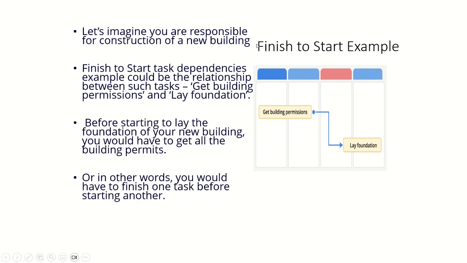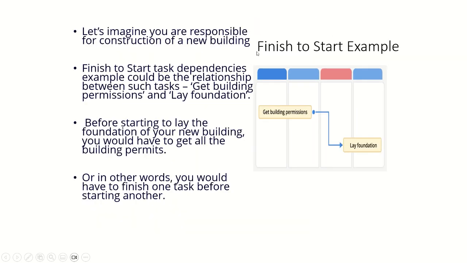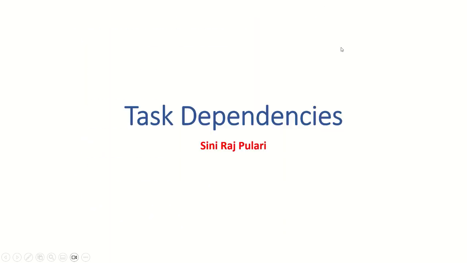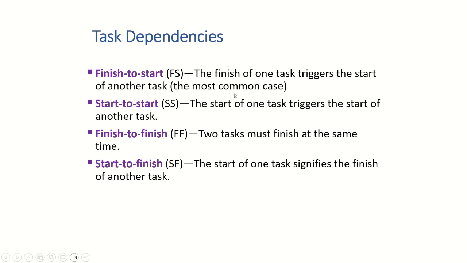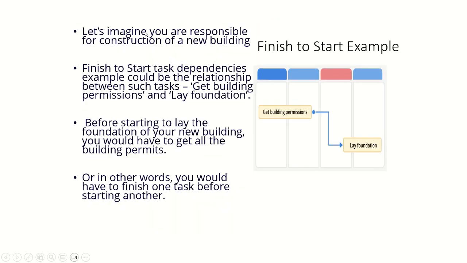So just consider this. This is a finish to start example. Finish to start is basically the most common case. Just consider that you are responsible for construction of a new building. So you have a series of tasks happening there.